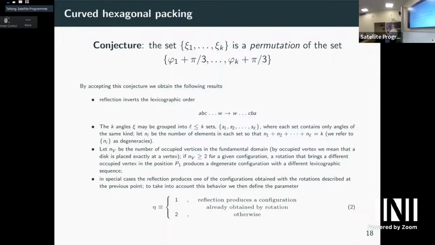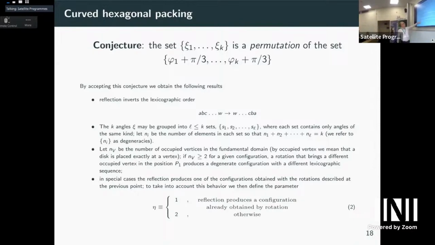For example, a certain configuration can appear in different flavors, but it's the same configuration. So we actually group, we can partition the group, each with its own degeneracy. Then we have another variable that is the number of occupied vertices, because depending on the kind of packing, you could have vertices that are occupied or unoccupied.